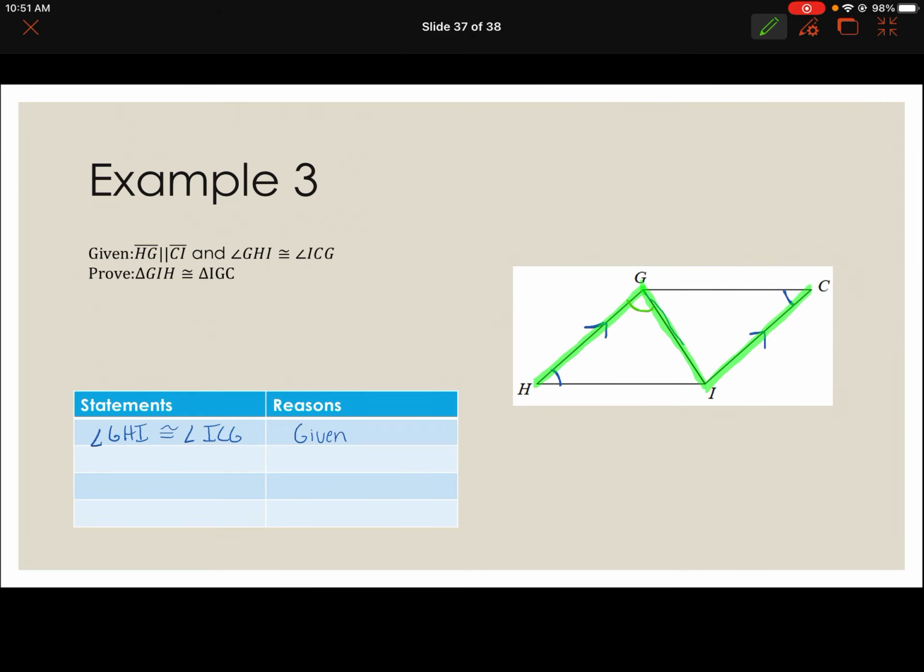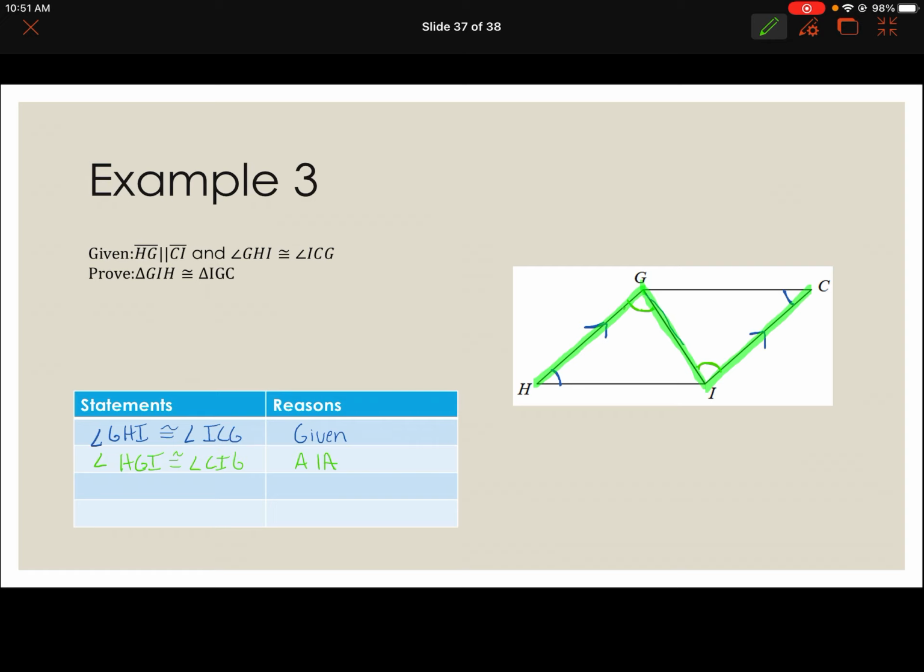And that means that angle HGI is congruent to angle CIG, and that reason is they are still alternate interior angles.